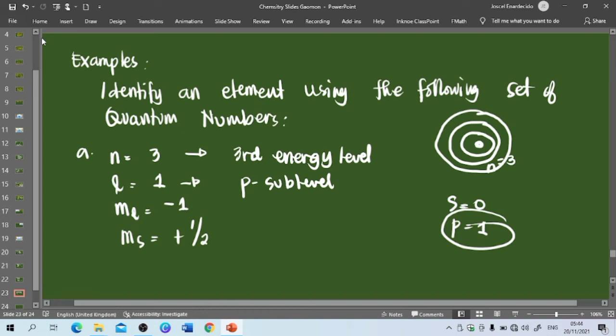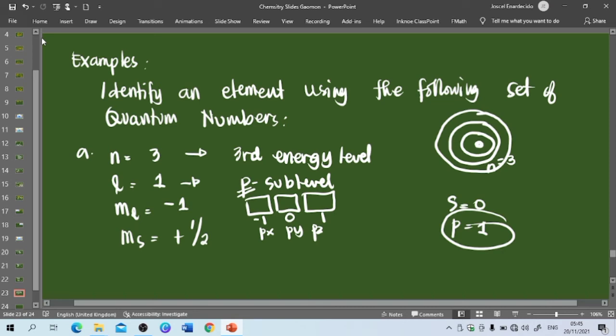So let's draw, since it is in the P sublevel, 3 boxes that will represent the orbitals of the P sublevel. So this is -1, this is 0, and this is +1, meaning to say that is the Px, the Py, and the Pz.